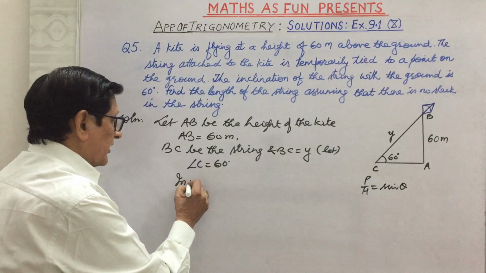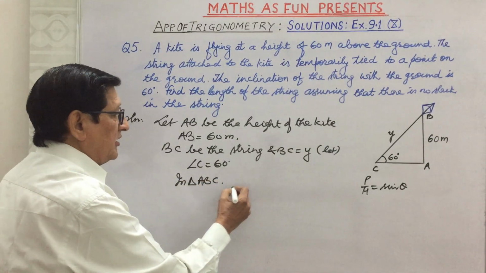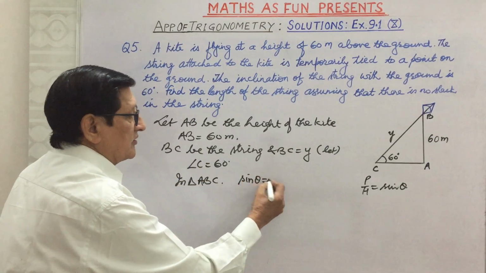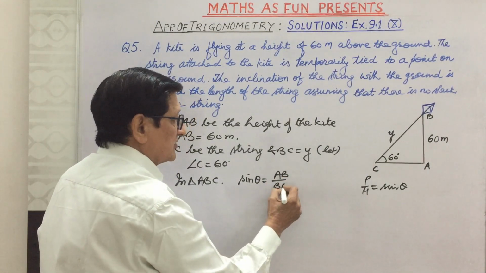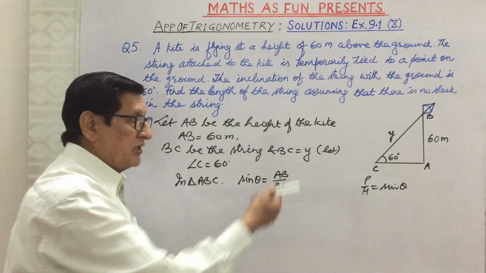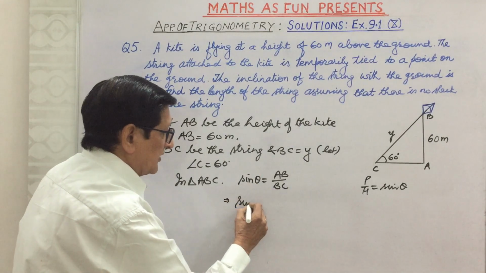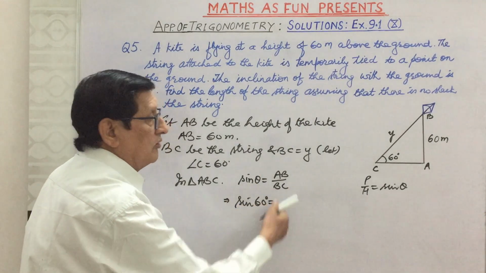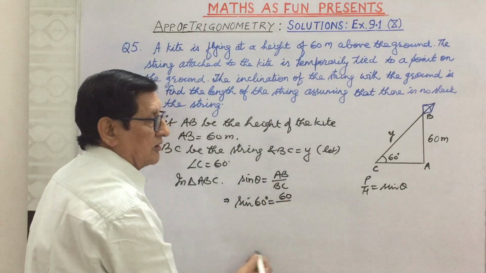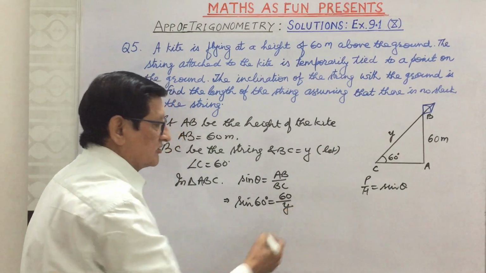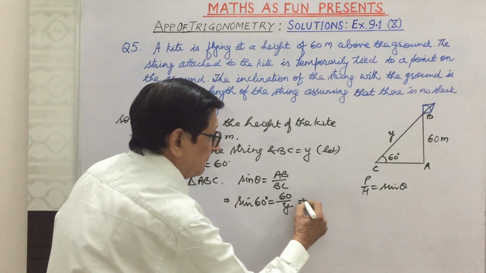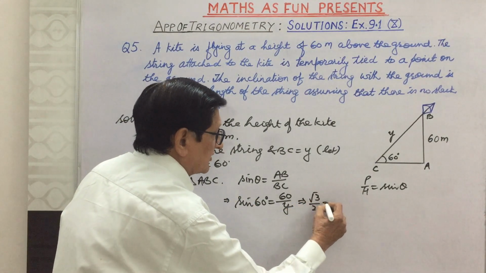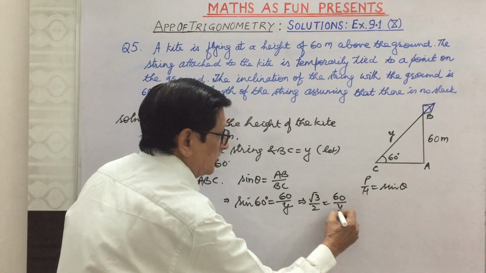Hence in triangle ABC, sine theta is equal to, perpendicular means AB, hypotenuse means BC. Theta is 60 degree, so this becomes sine 60 is equal to AB is 60, BC is, we have considered y. And from the table we know sine 60 is root 3 by 2, that is equal to 60 upon y.